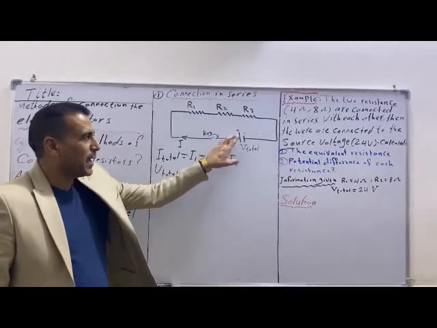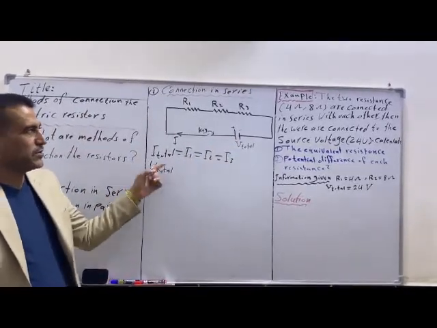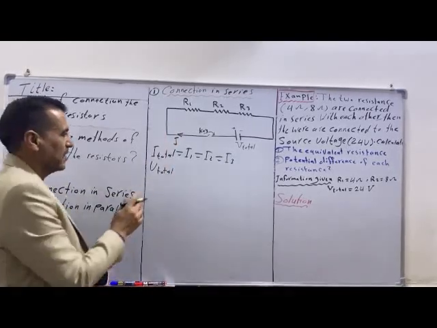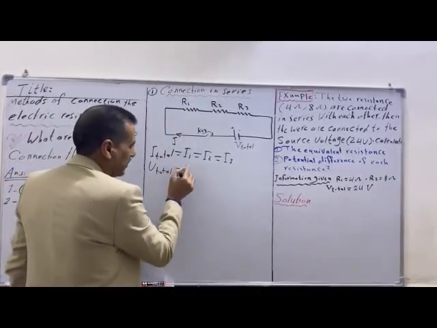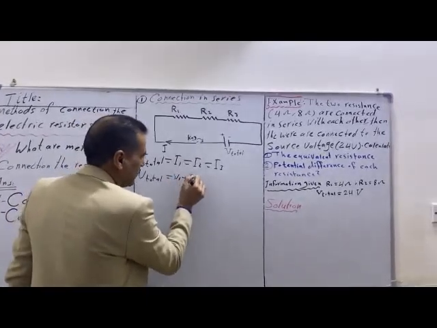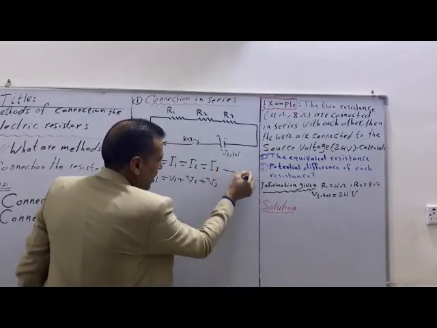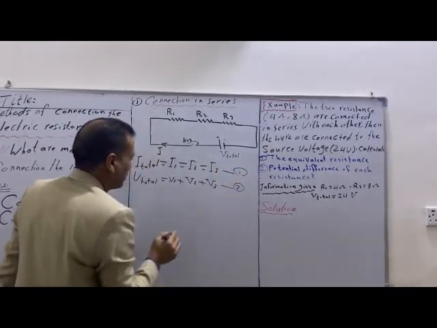The potential difference of the battery represents the total electric potential difference in the electric circuit. V total equals V1 plus V2 plus V3. This is equation 1 and this is equation 2.